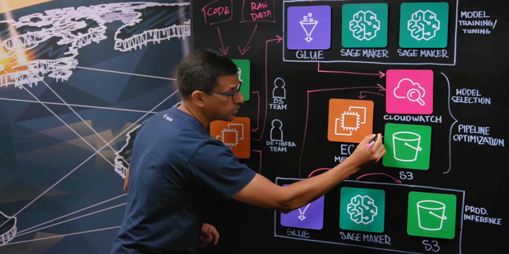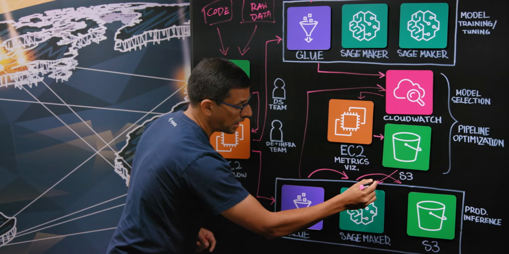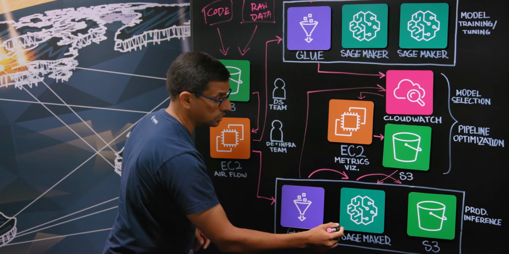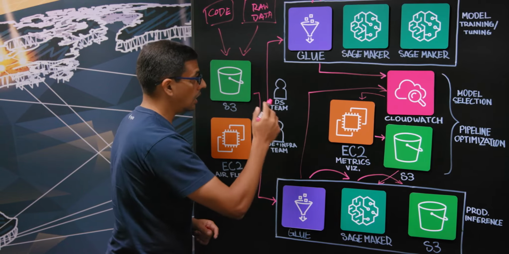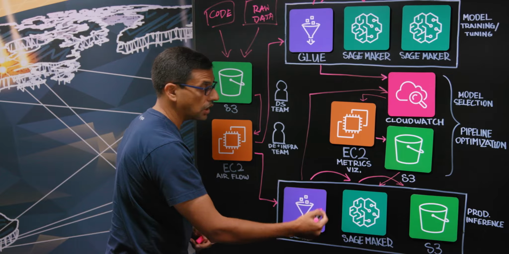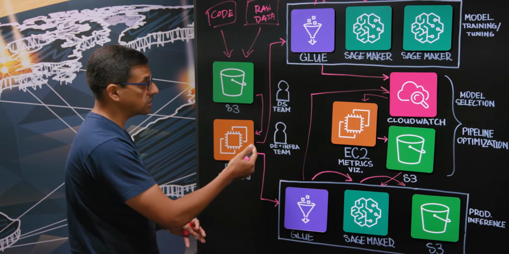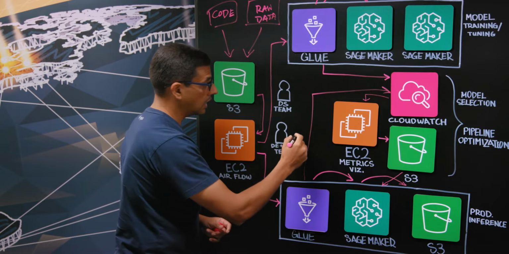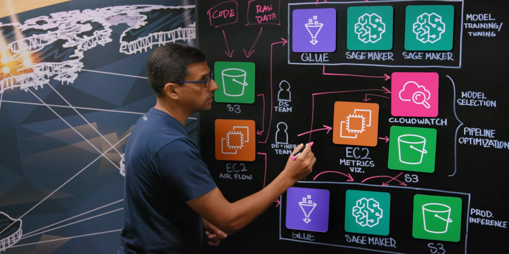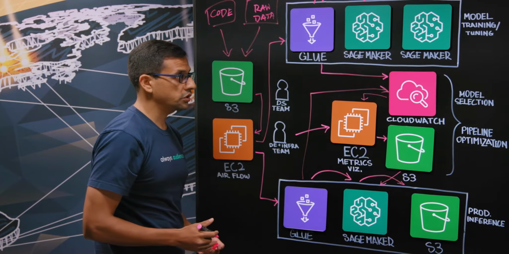The selected models are pushed into S3, and that's what is used by the batch inference job to run on the production workload. Our data science team also use the visualization to monitor the production pipelines for things like model drift. At the same time, our data engineering and infrastructure teams also use the metrics over here to ensure pipeline uptime and also look for optimization opportunities.